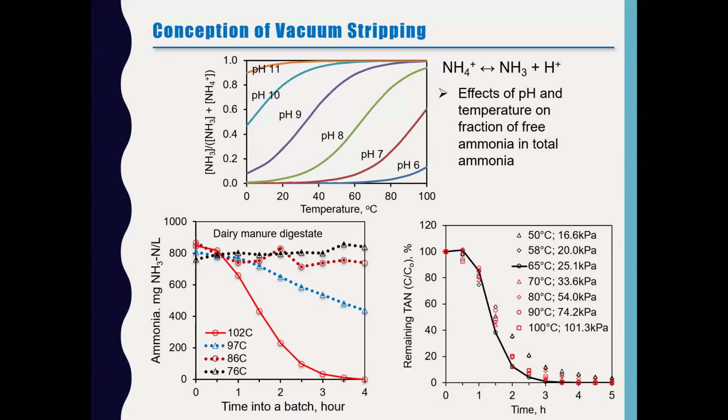With this combination of temperature and reduced pressure, you reduce the boiling temperature. We found the optimum at 65 degrees at 25 kilopascals. That reduces energy consumption, and under boiling conditions we get fast ammonia removal. We call that vacuum stripping.